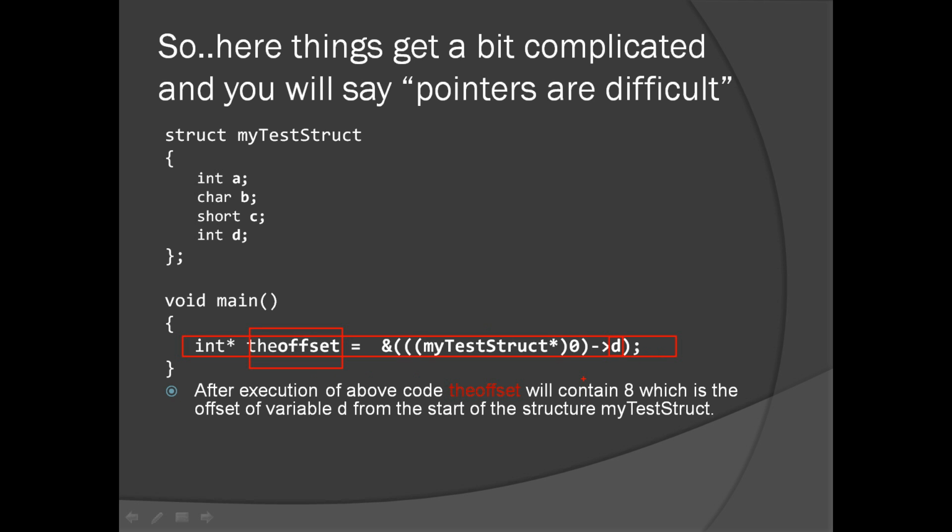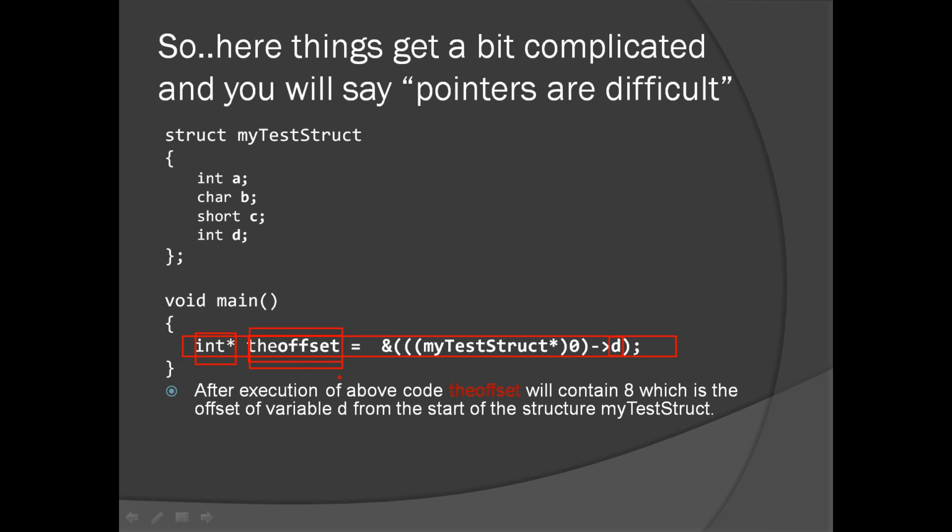It is very counterintuitive and it is not in line with the C standards, but everywhere you're gonna see this if you look into the code of an operating system like Windows or Linux. So the offset is, if you can look at it, it is an int star, and this is actually an address.